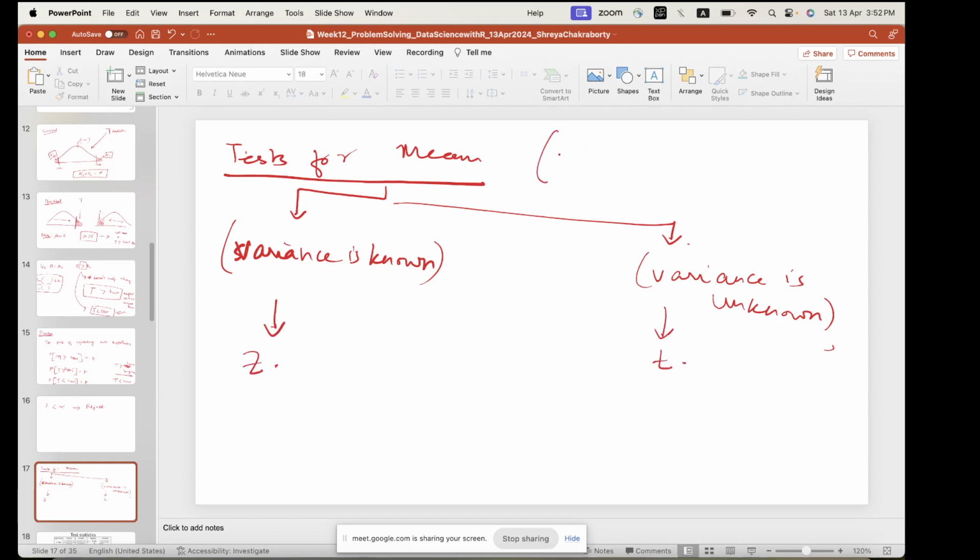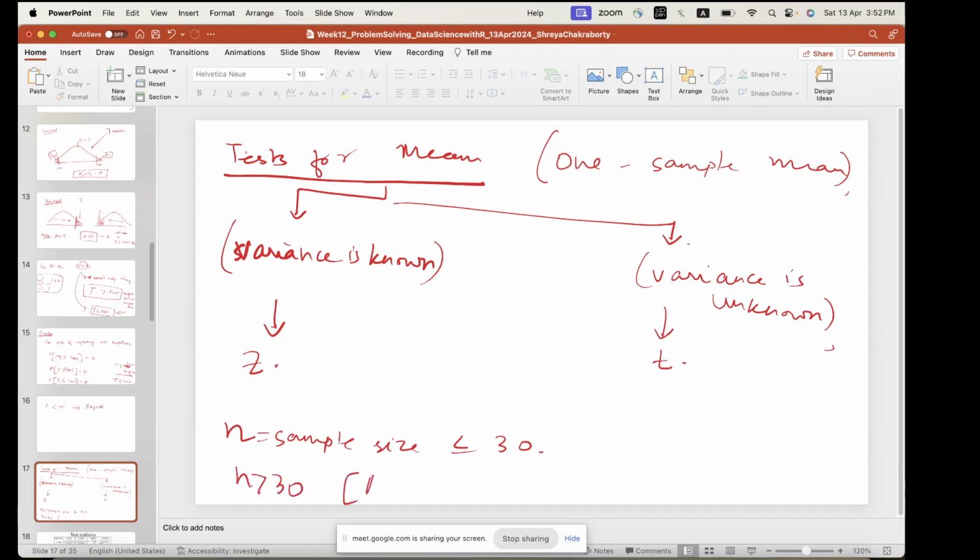I am talking about a one sample mean test, provided my sample size n is less than or equal to 30. 30 is the usual rule of thumb number. But if n is greater than 30, we could approximate the t-test with a z-test also.